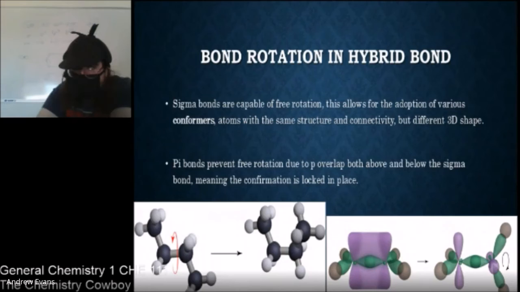The same idea: this structure here is the same as this structure. We've just rotated it around this atom because it's all single bonds. But if I put a pi bond in there and rotate this at all, I can no longer overlap the pi bond. And so that's kind of locked in place.